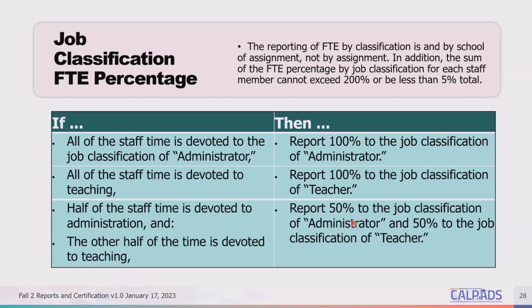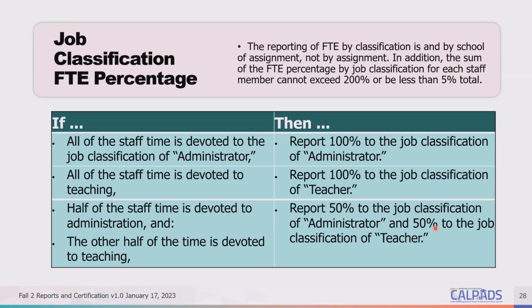Okay, so let's say you have a teacher who is assigned to a classroom and at the same time doing non-classroom work. Maybe they're 100% teaching and then they have a 20% FTE for that non-classroom responsibility. So you now have 120%.